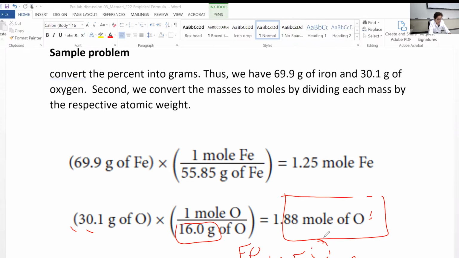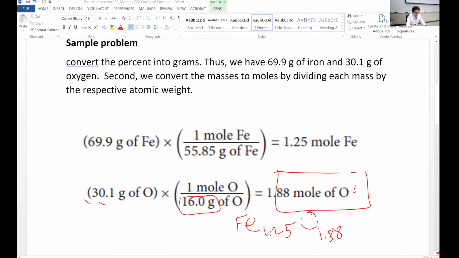Our next step would be to find the lowest ratio. I would divide both numbers by 1.25, the lowest number, which is the number of moles of iron. So obviously 1.25 divided by 1.25 is going to be 1.